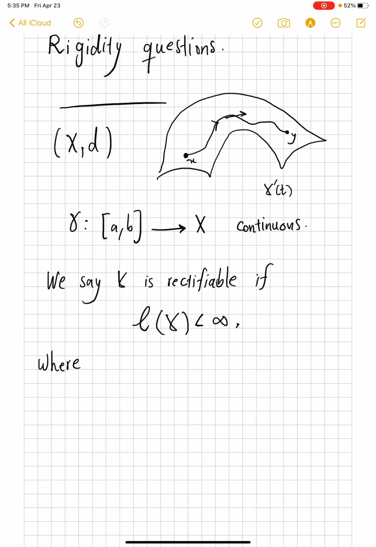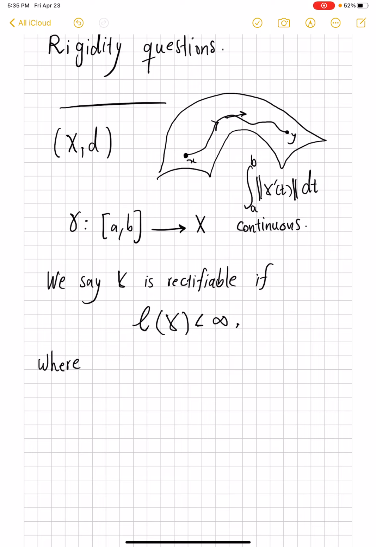It is a vector, so you take its norm, so it's only the speed of the curve. You integrate dt from a to b, and that's your length. But this will not work in the context of metric spaces.